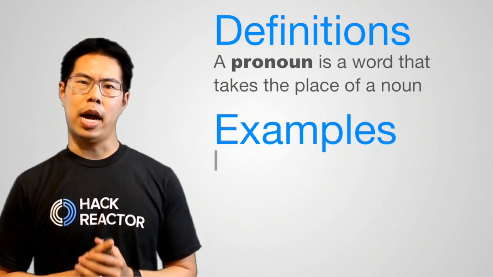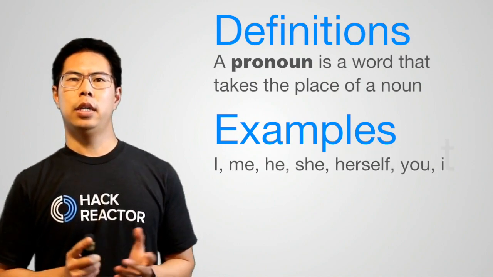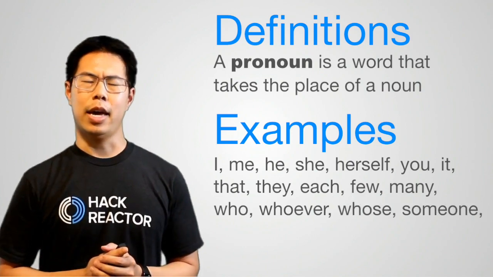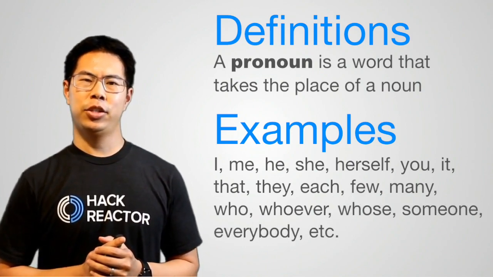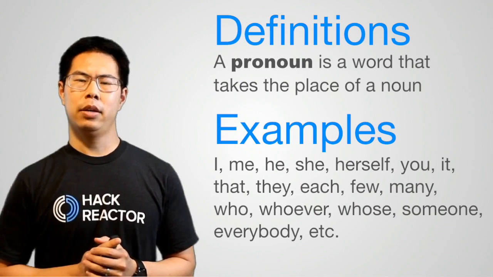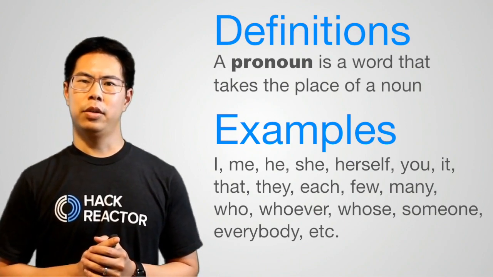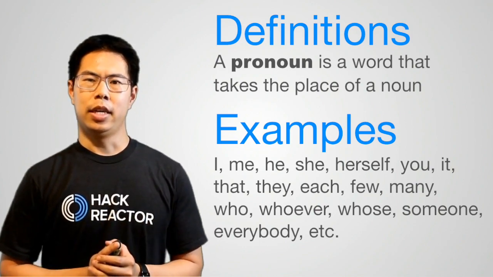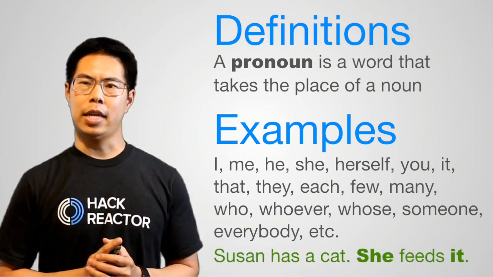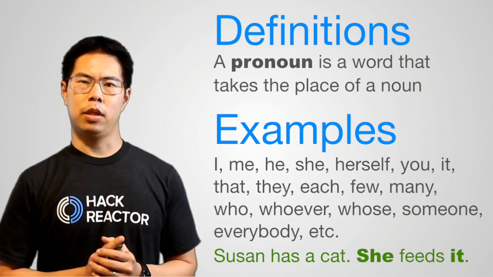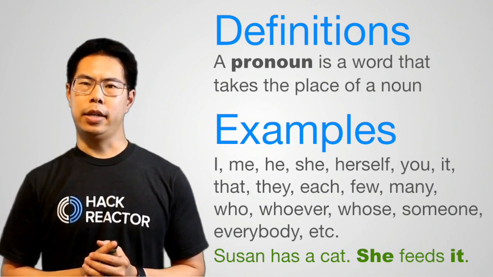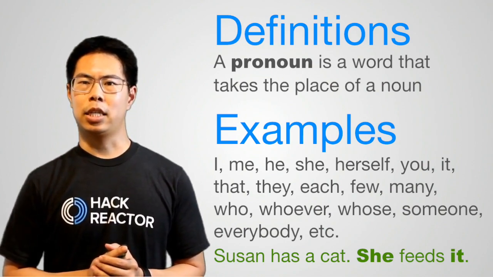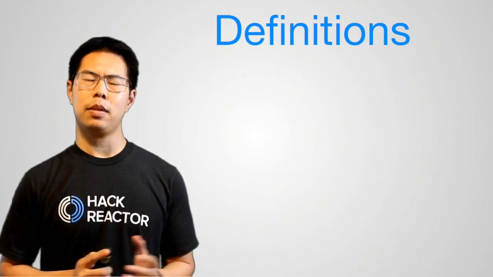Examples of pronouns are I, me, he, she, herself, you, it, that, they, each, few, many, who, whoever, whose, someone, everybody, etc. If we have the sentence, Susan has a cat, she feeds it, the pronouns are she and it, since she takes the place of Susan and it takes the place of cat.